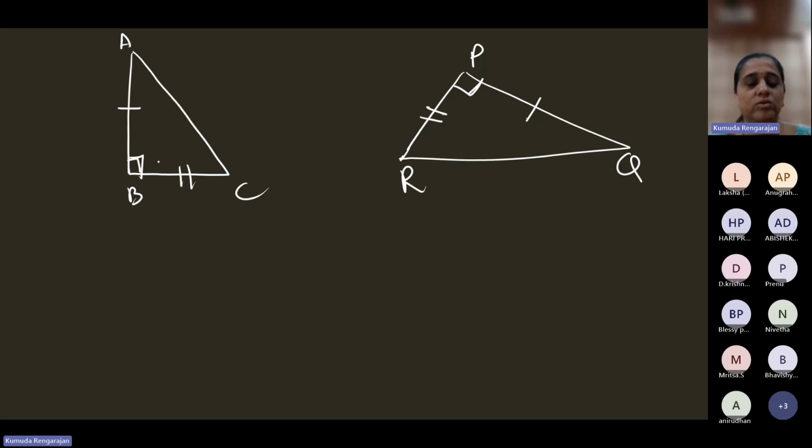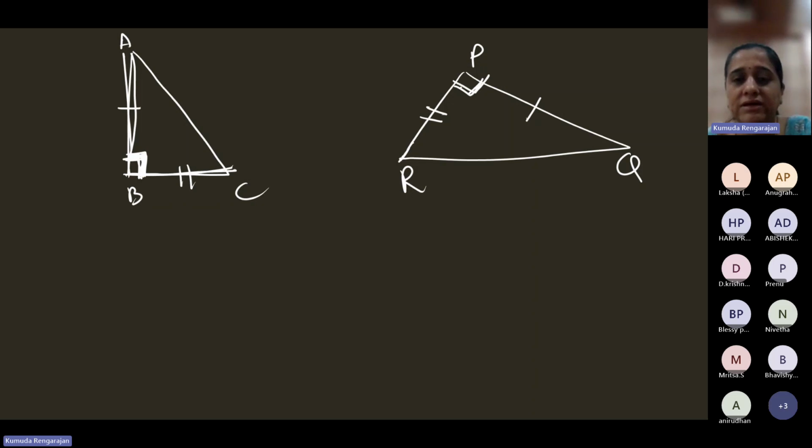So here you will be using SAS, two sides and the included angle. See here, 90 degrees, 90 degrees. For angle B, the arms are BA and BC.